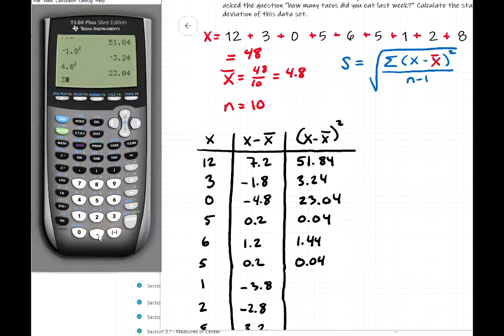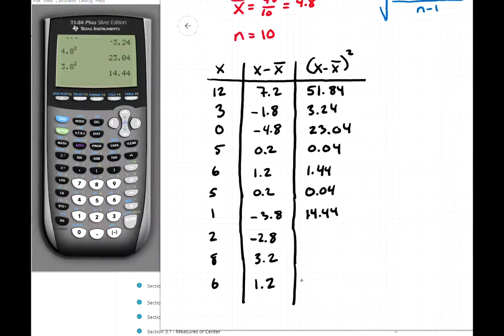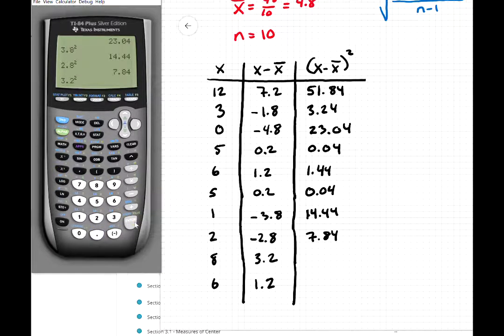Let's see, 3.8 squared. 14.44. 2.8 squared will be 7.84. All right, almost there. 3.2 squared. 10.24 and 1.2 squared again is 1.44.